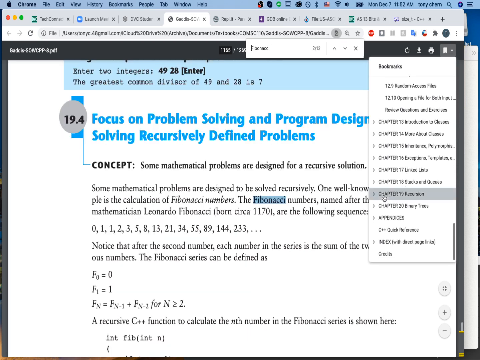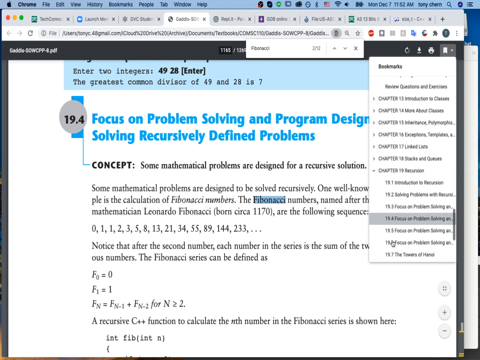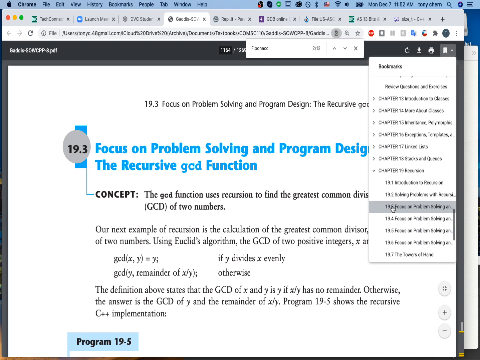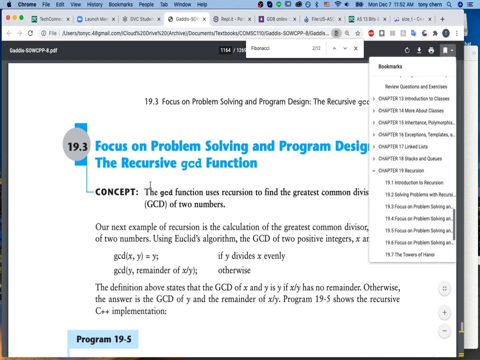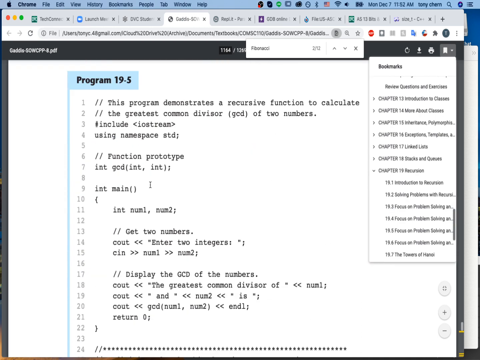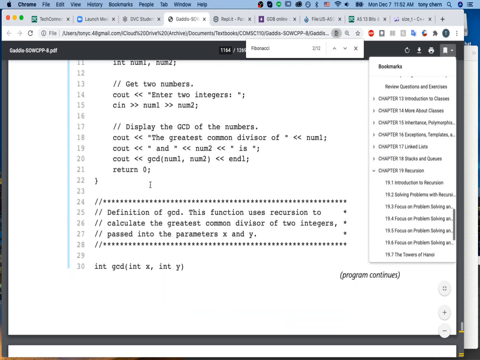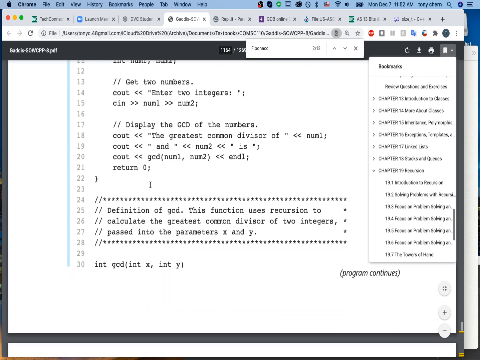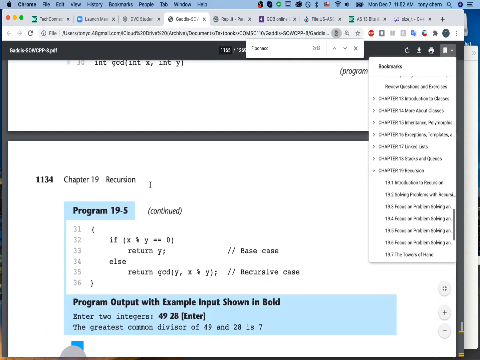Let's look at that. We don't have a problem in this and Fibonacci.